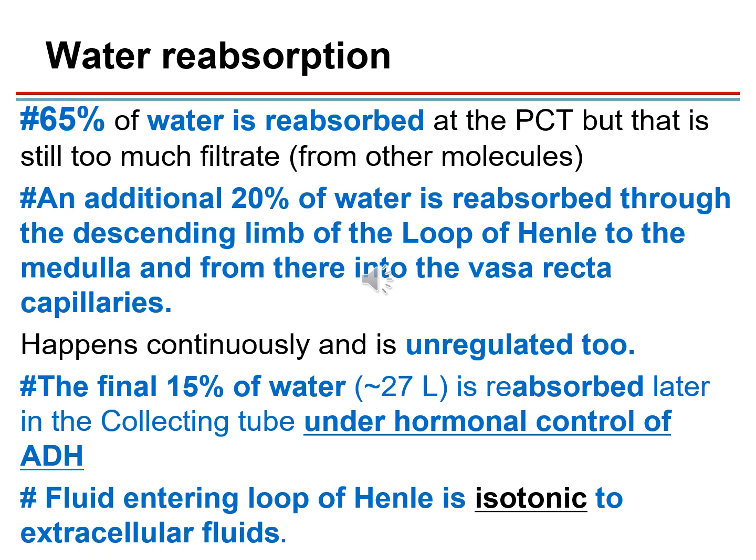Now, it's important to keep in consideration that the fluid entering the loop of Henle after the proximal convoluted tube is isotonic to the extracellular fluid, so it is basically balanced. And later in this video, we will learn how the loop of Henle acts to reabsorb that additional 20% of water.